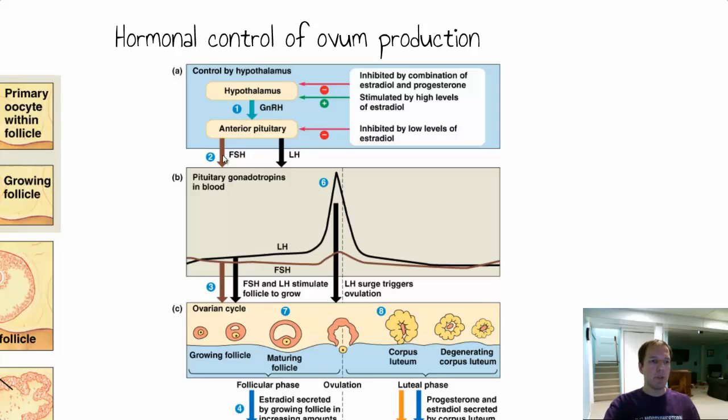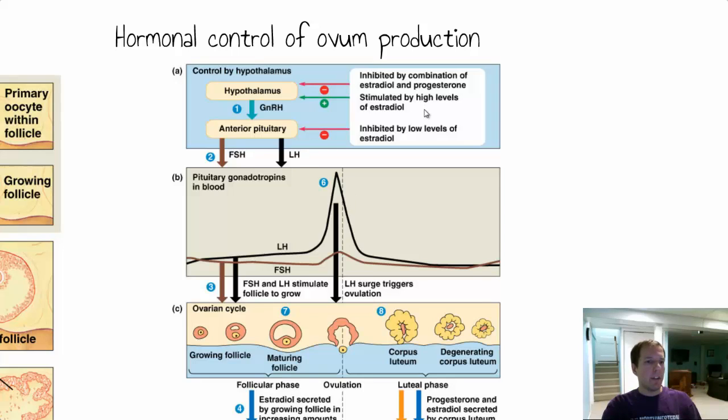If that is not produced, then there's going to be no FSH and LH, which means there's going to be no ovulation. So that inhibition is important because if there's a fertilized egg that is going to travel, or if there is a pregnancy, then the body doesn't want the ovaries to continue to release new eggs, because there needs to be just one pregnancy at a time.